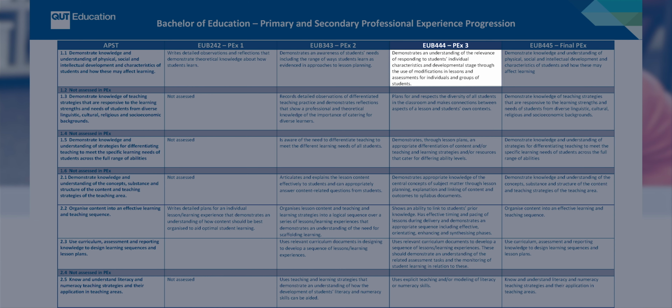On the third professional experience placement, they are demonstrating an understanding of the relevance of responding to students' individual characteristics and developmental stages. So now we would start to see modification and differentiation in lessons and assessments. And then on their final professional experience placement, all students are required to meet all APSTs at the graduate standard.